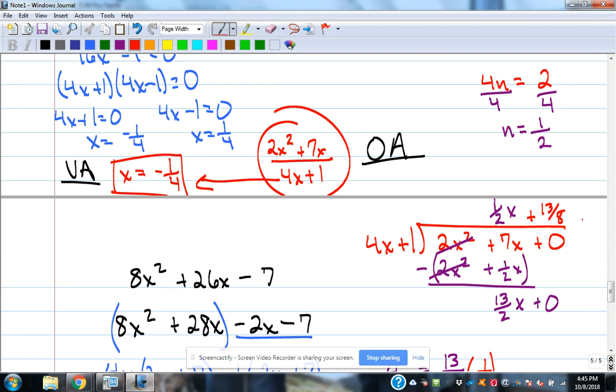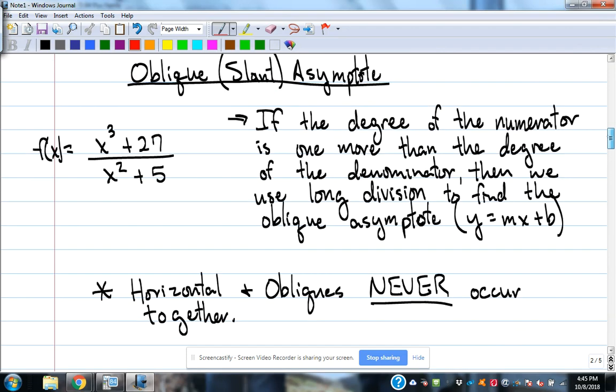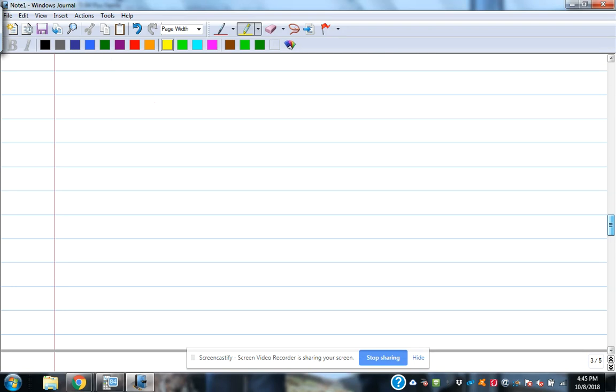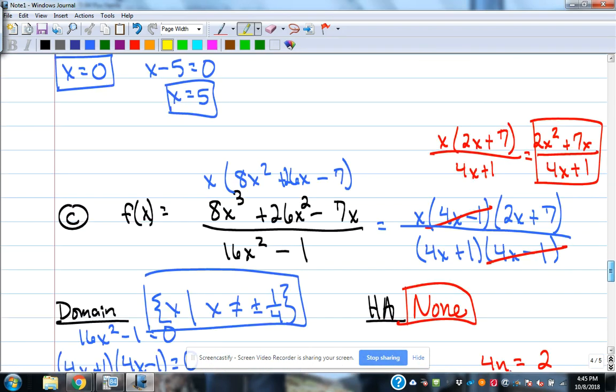Remember, an oblique asymptote is going to be what kind of equation? Oblique asymptotes, go back up here to the explanation. Oblique asymptotes are going to be slope-intercept form. When I go back down here to C, there it is.